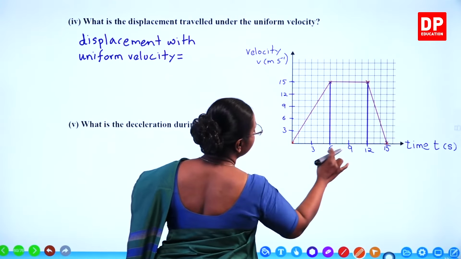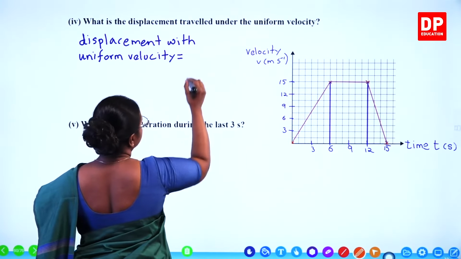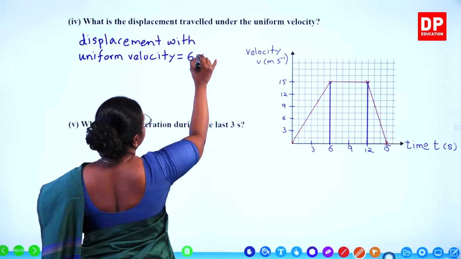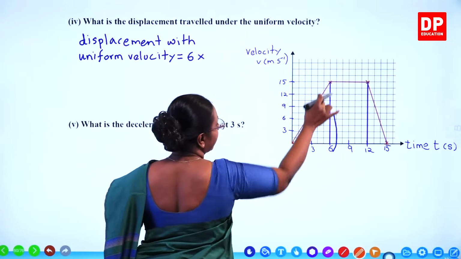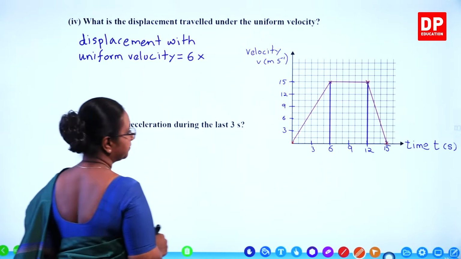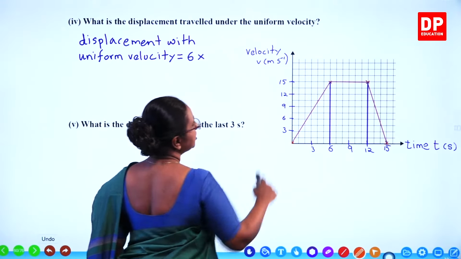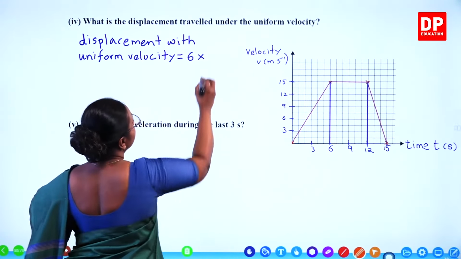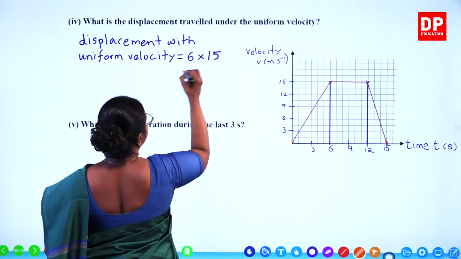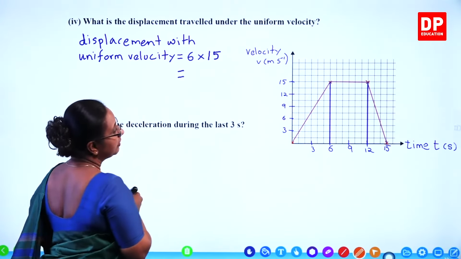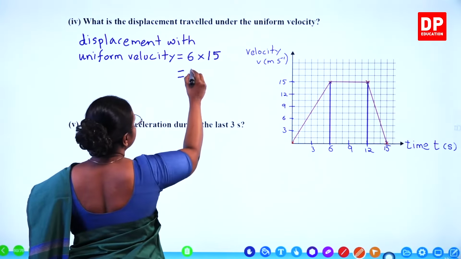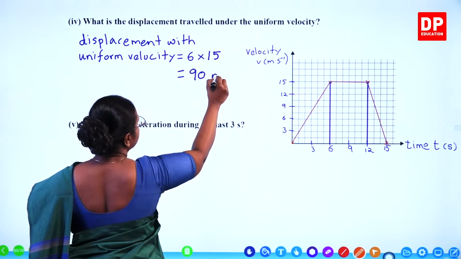Length is 12 minus 6, that is 6, into breadth, which is the height of the graph, that is 15. So here we will get the value as 90 meters.